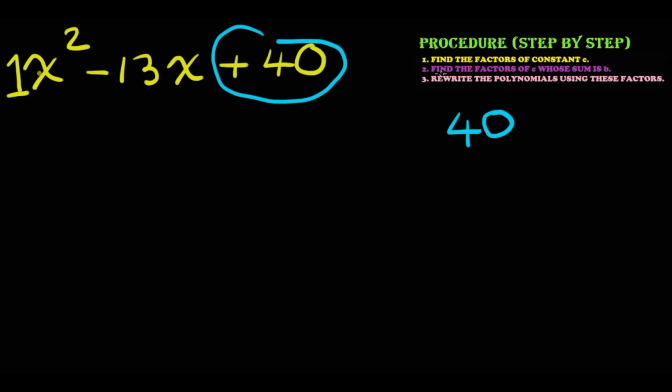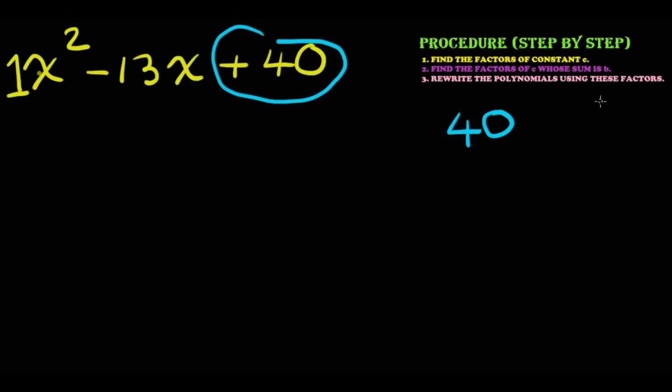Step 2 is to find the factors of c, two numbers that when you multiply you get 40, whose sum is b. When you add up those two numbers, it comes out to negative 13. So negative 13 is your b. So now we have to do guess and check. Okay, if you're lucky enough, you can come up with the two factors on your first try.